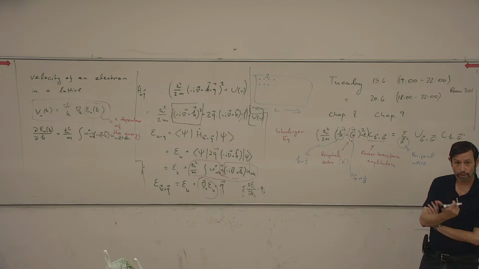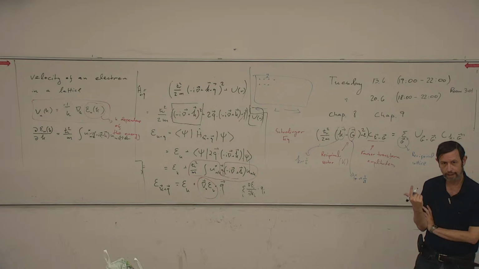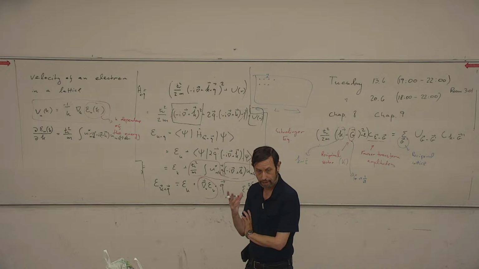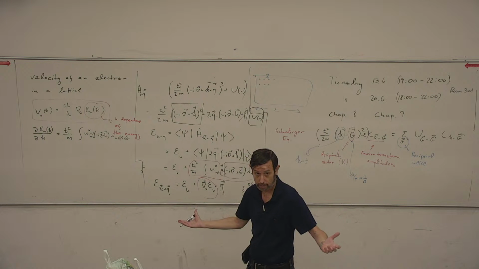Remember the Bloch theorem: psi of nk is equal to e to the power ikr times u nk, where n and k are quantum numbers, and u nk is a function of r. So the integration must be on r.